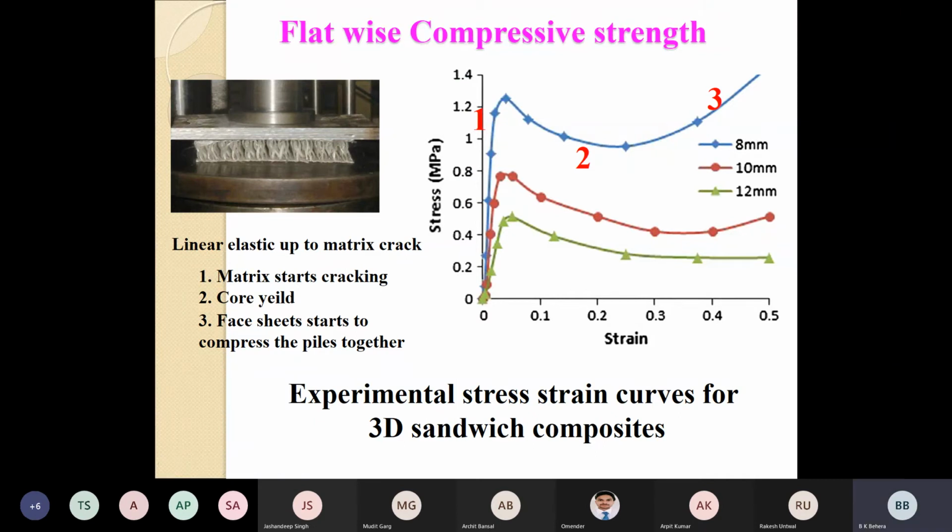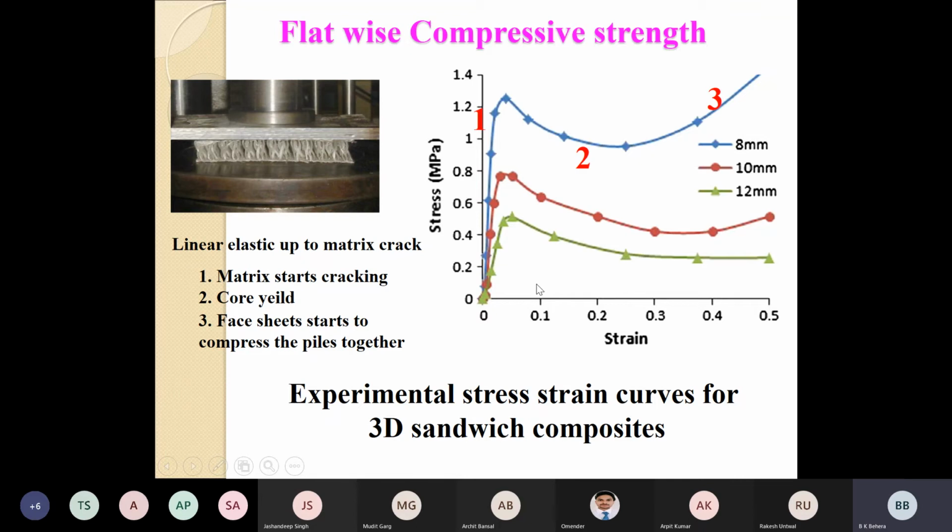Look at the typical stress strain diagram of spacer composite structures. It has three distinct zones: 1, 2, 3. This zone from here to here, particularly look at this. This refers to matrix starts cracking.